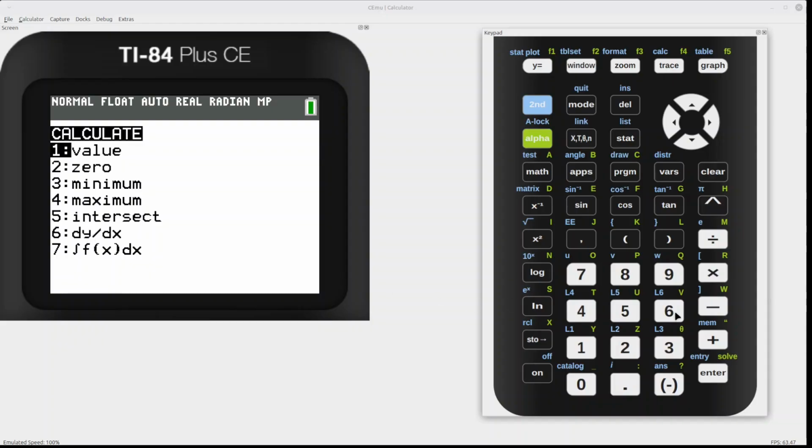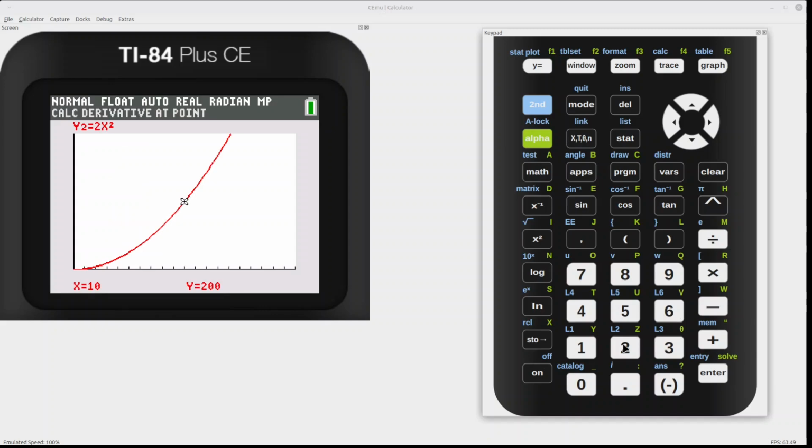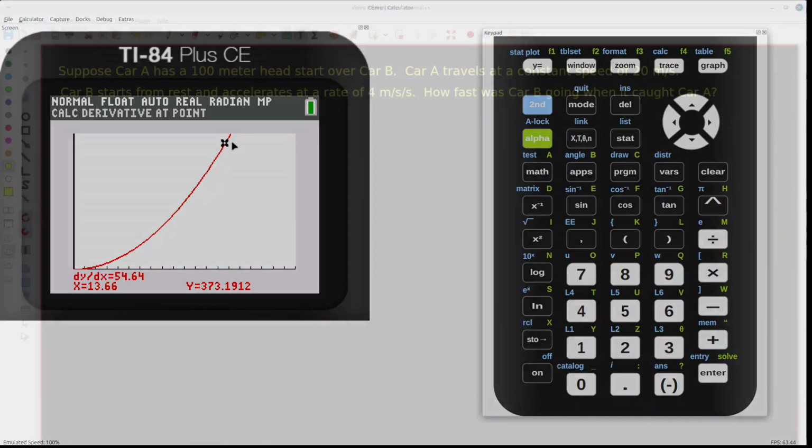So I'm going to choose number 6, dy/dx, and I'm going to enter for my value of x, 13.66. Okay, so my dy/dx is 54.64. So that means he was traveling 54.64 meters per second when he caught the first car.